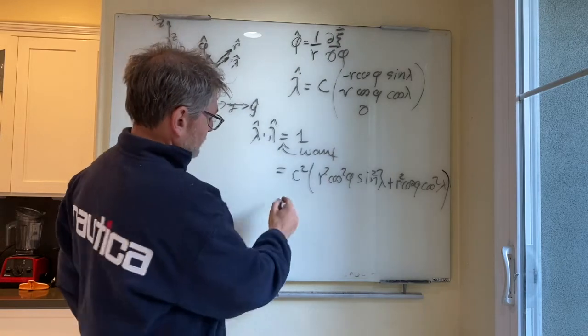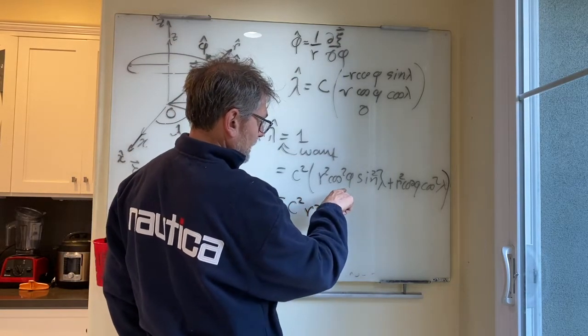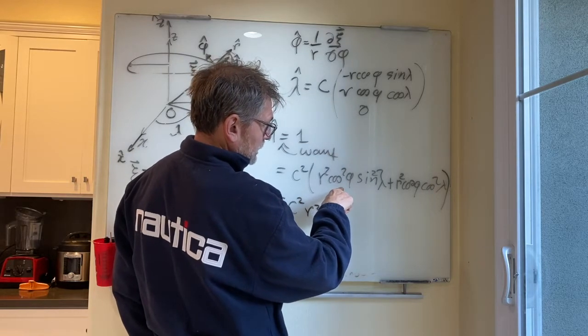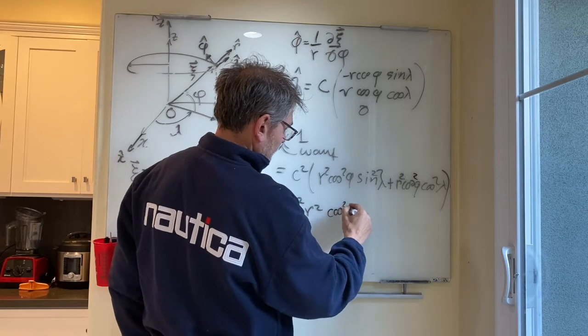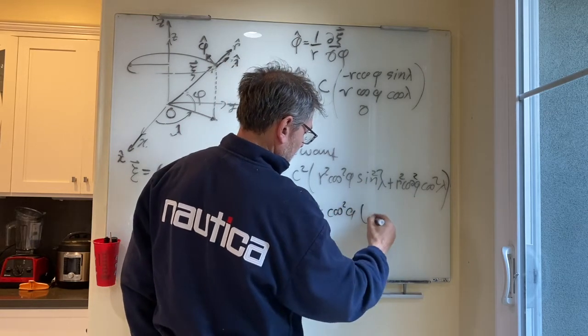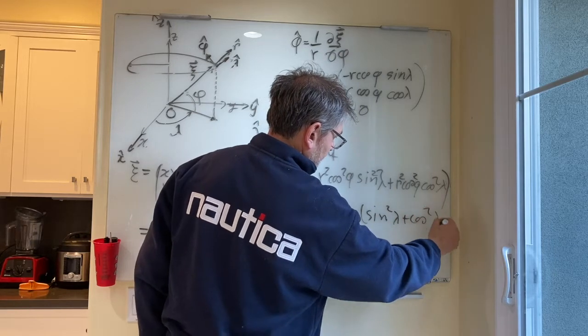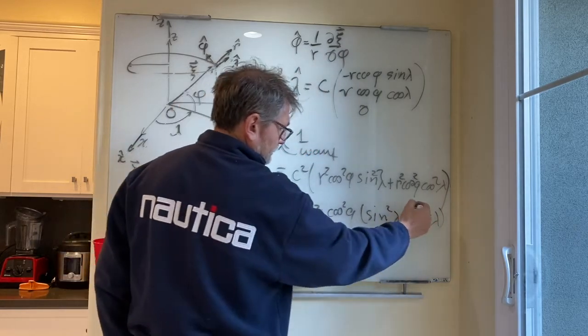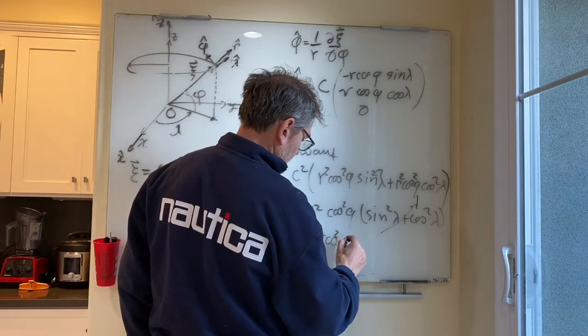Yes. And so then this is equal to c squared times r squared. And here I have cos squared phi as a common factor, times sine squared lambda plus cos squared lambda. That's just equal to 1. So this is equal to c squared r squared cos squared phi.